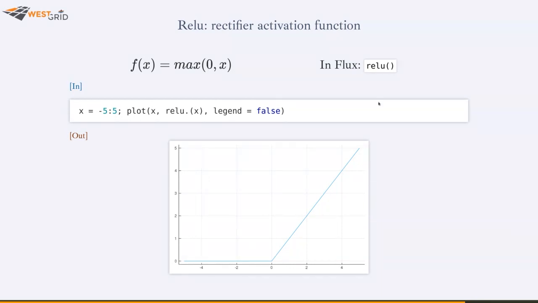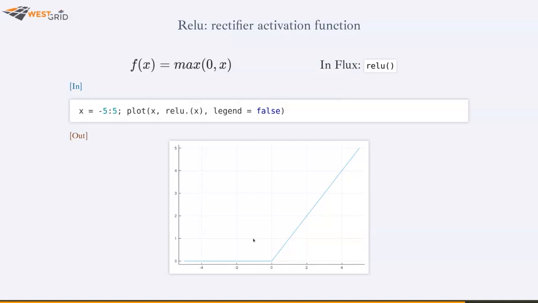It takes zeros for negative values, but for positive values, it increases in a linear fashion. It's an activation function that is popular because it's very simple to compute, as you can see, because it's not linear, but a big chunk of it is linear.